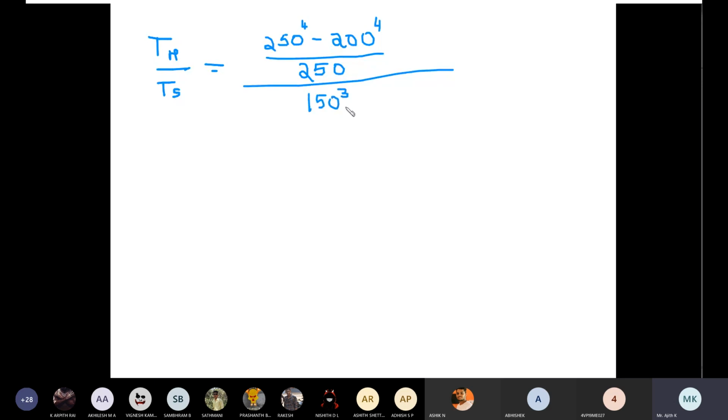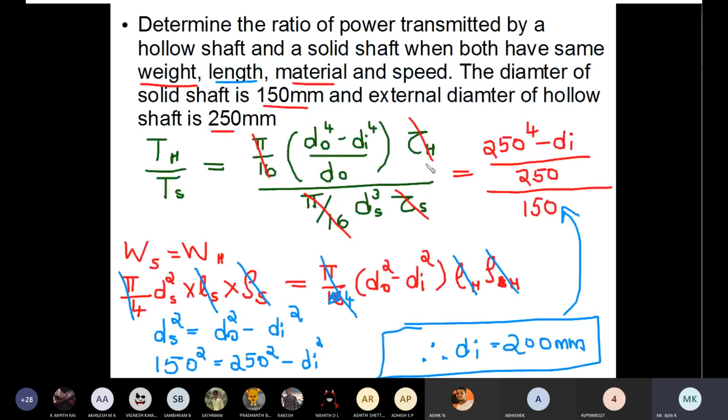So I substituted the value of di in this equation.